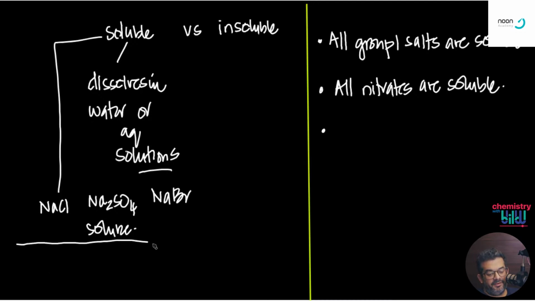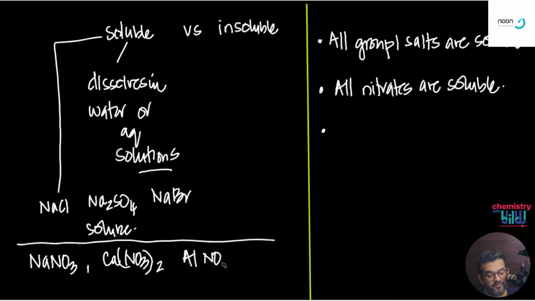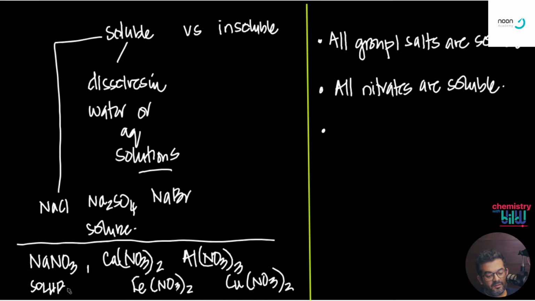And all nitrates are soluble, meaning whether it is a group 1 nitrate, group 2 nitrate, calcium nitrate, aluminium nitrate, which is group 3 by the way, a transition element nitrate, or copper nitrate, these are all soluble.